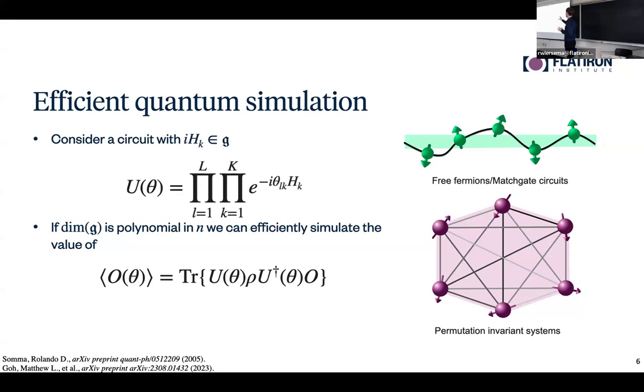This is true for free fermion systems, match gate circuits, or the transverse field Ising model in 1D. These are all equivalent things. People have shown that for those systems, you can get very efficient quantum simulation algorithms on your classical computer. So knowing which dynamical Lie algebras are polynomial in size, aside from the ones we already know, I thought was a worthwhile endeavor: are there more out there than the ones we already know?